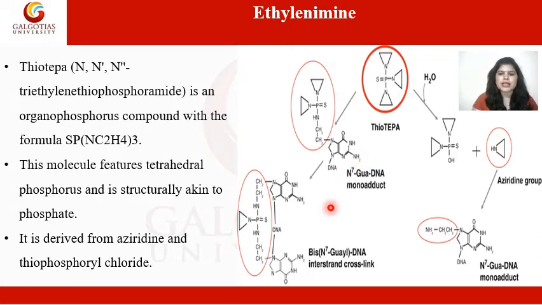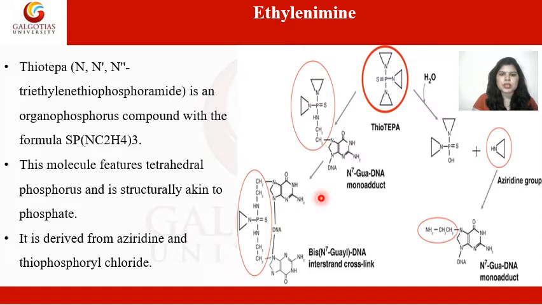In the same way, the other aziridines also open and make a covalent bond with the DNA. This cross-linking will result in the inhibition of the replication process of DNA and inhibit DNA synthesis.